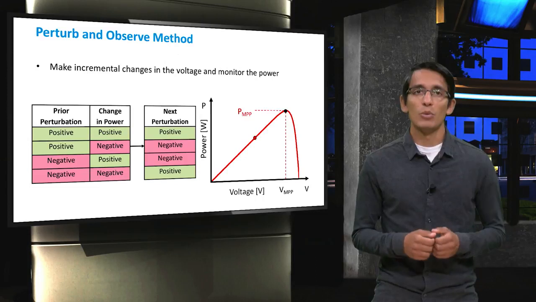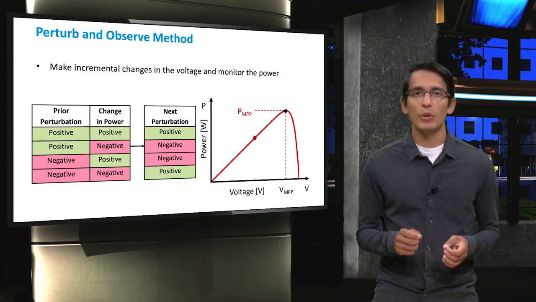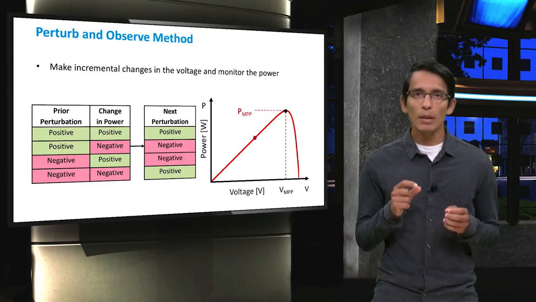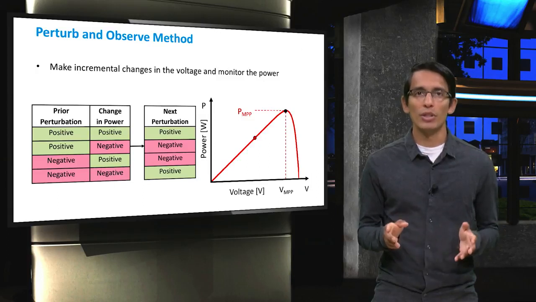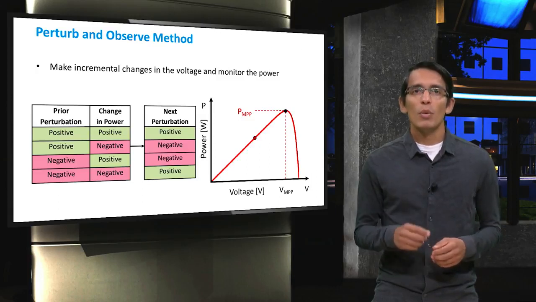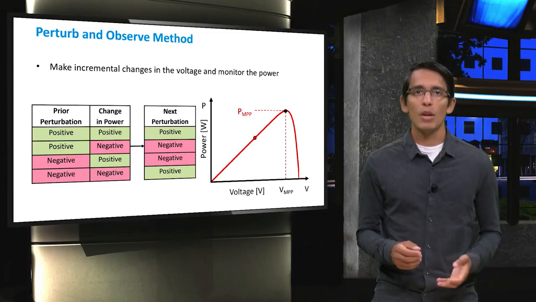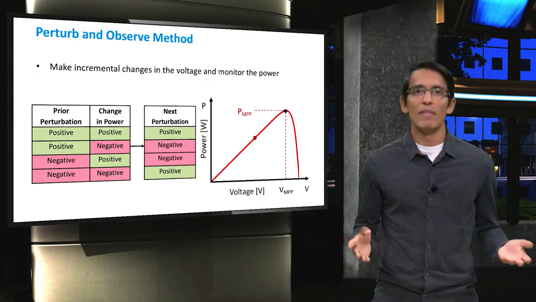Let's take a look at how this would work. It should be noted that the perturbations used here are exaggerated. Usually, the perturbations would be much smaller, but here we have a normal power voltage, or PV, curve of a solar cell. Let's assume we are operating at the red dot and we want to find the maximum power point. Well, our first perturbation would be random since we don't have any information.